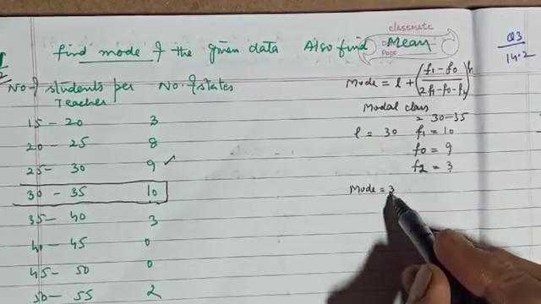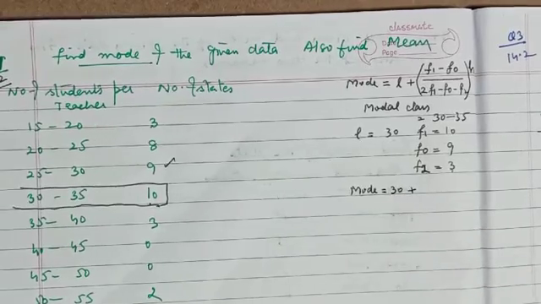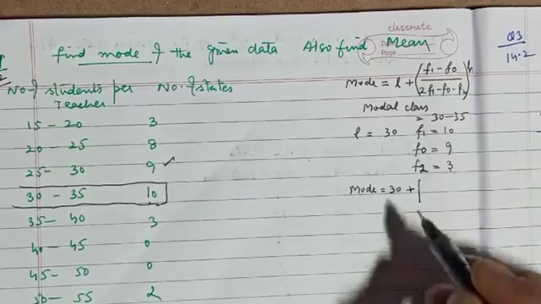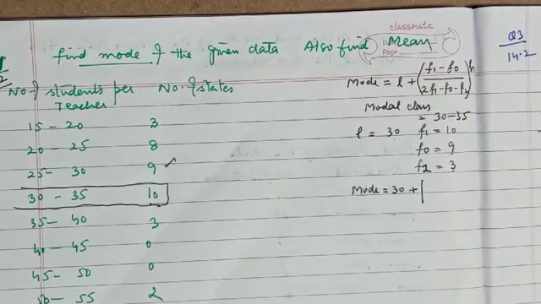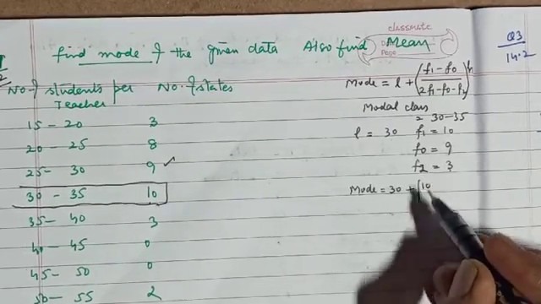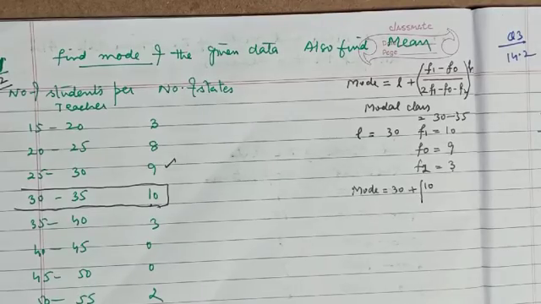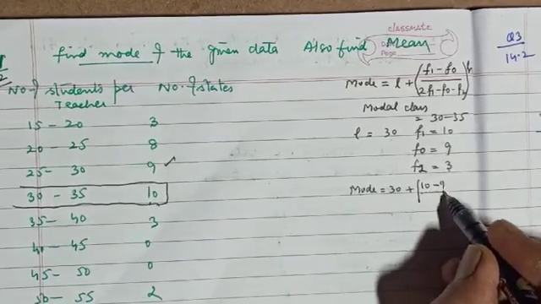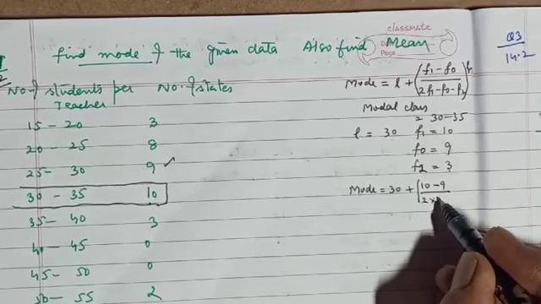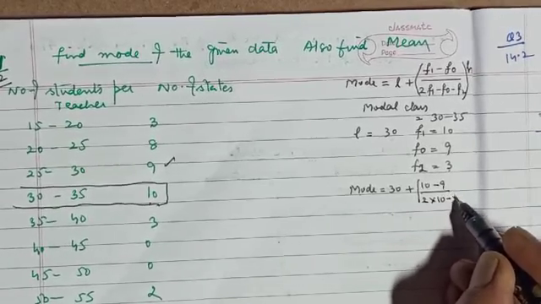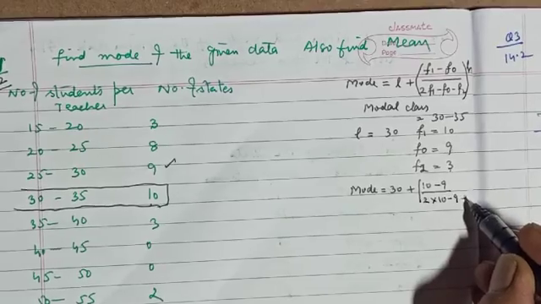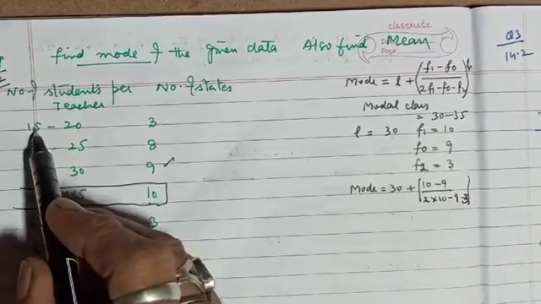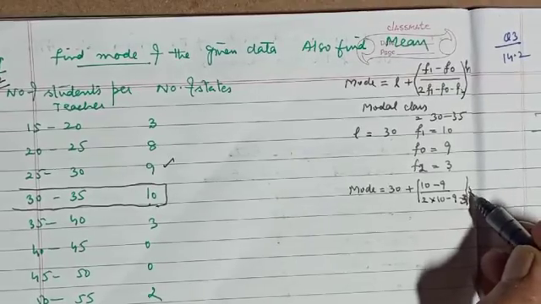L is 30 plus F1 is 10 minus F0 divided by 2 into 10 minus 9 minus 3 and multiply. Difference is 5.